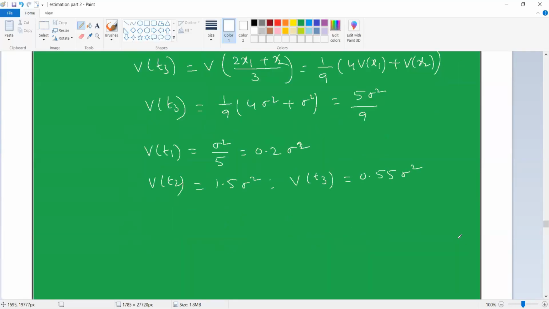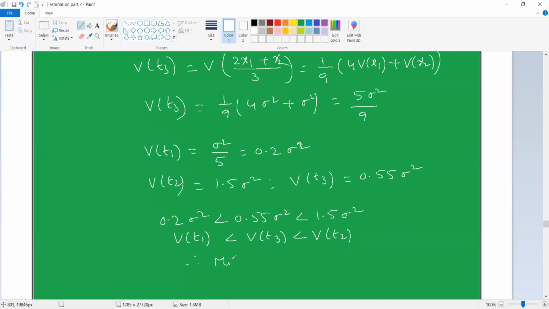Comparing the coefficients, which one is less? 0.2 sigma square is less than 0.55 sigma square, which is less than 1.5 sigma square. So variance of T1 is less than variance of T3, which is less than variance of T2.